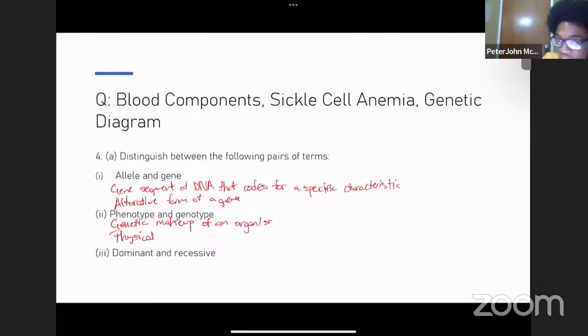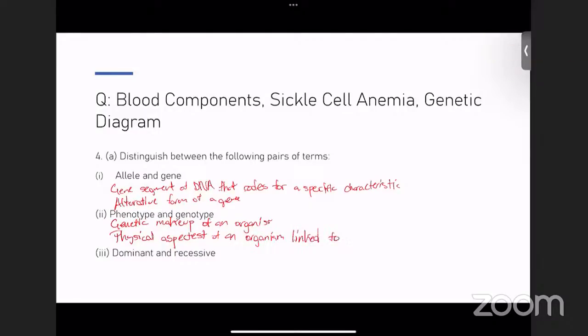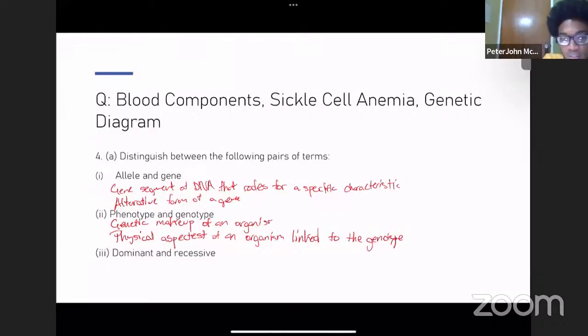Literally perfect, you don't need much. If you want, you could put coded by proteins, but that's a higher level answer, so I'm putting it in brackets.